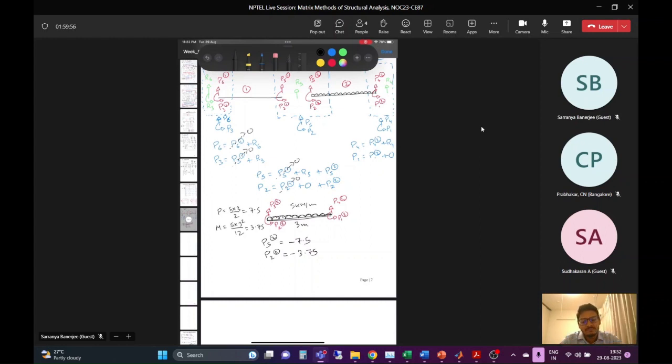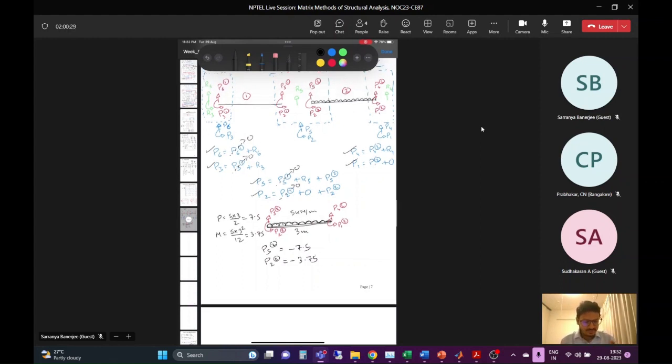If you are trying to find the forces induced in each member, you just use these equations, P6, P3, P5, whatever equations I have mentioned, in the force vector, and you will get each and every reaction and force. You cannot directly find the reaction. We have different joints, different forces in the joints, and we get the equilibrium there. That's all.